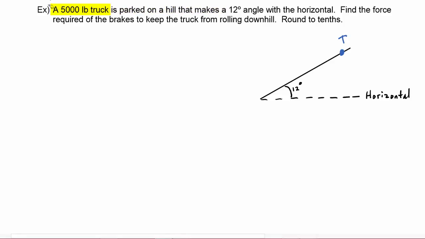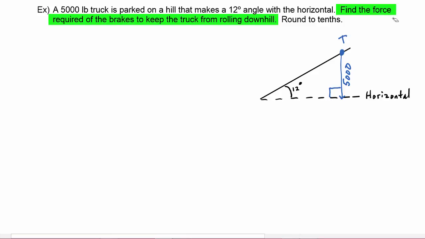Now the truck weighs 5,000 pounds, and we know that gravity pulls straight down towards the center of the Earth. So the vector force that is gravity will be perpendicular to the horizontal. And this is 5,000 pounds.